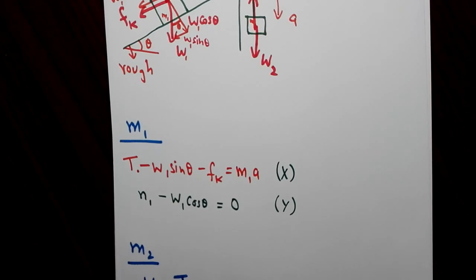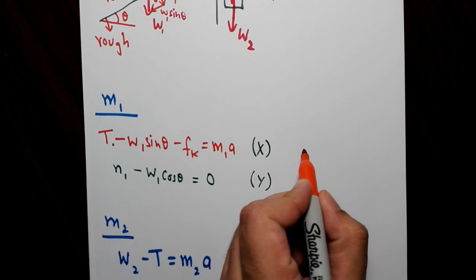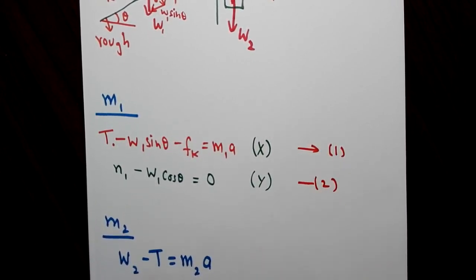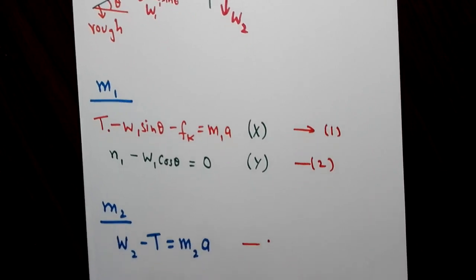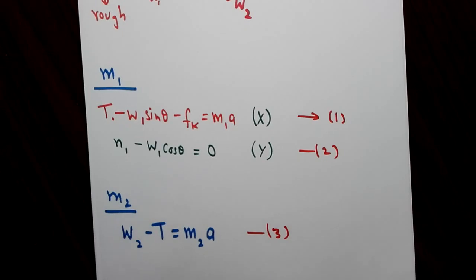Now we have the equations from Newton's second law for the two masses. Let's call this equation 1, this equation 2, this equation 3. Now we need to solve these three equations together.